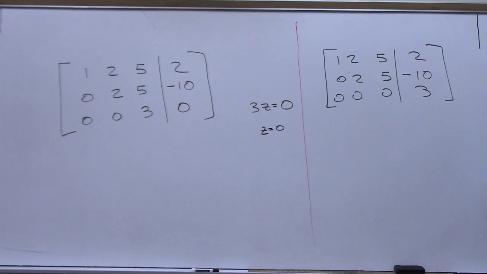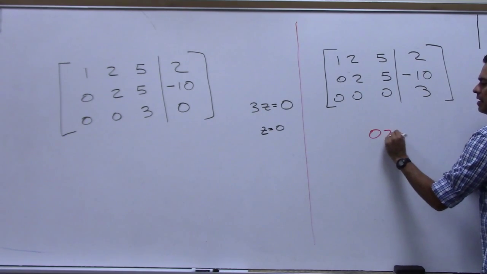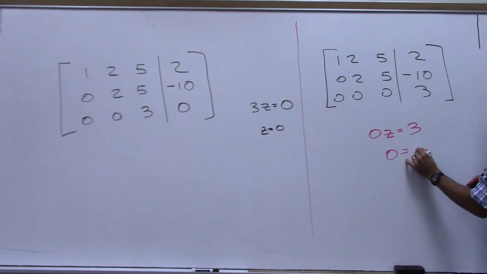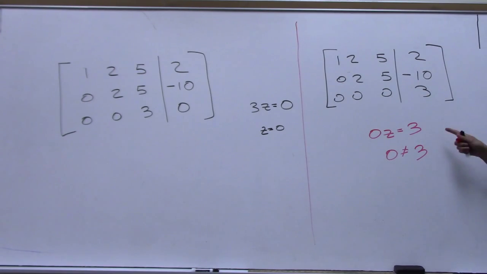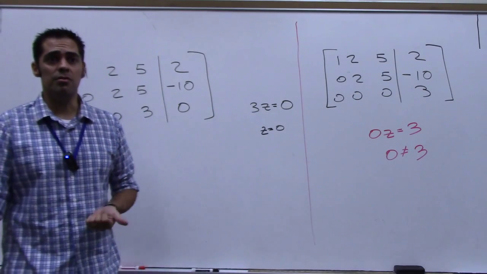What is this last equation telling you? 0 times Z equals 3, which means that 0 equals 3, which is not true, which means that this system is inconsistent, does not have a solution.